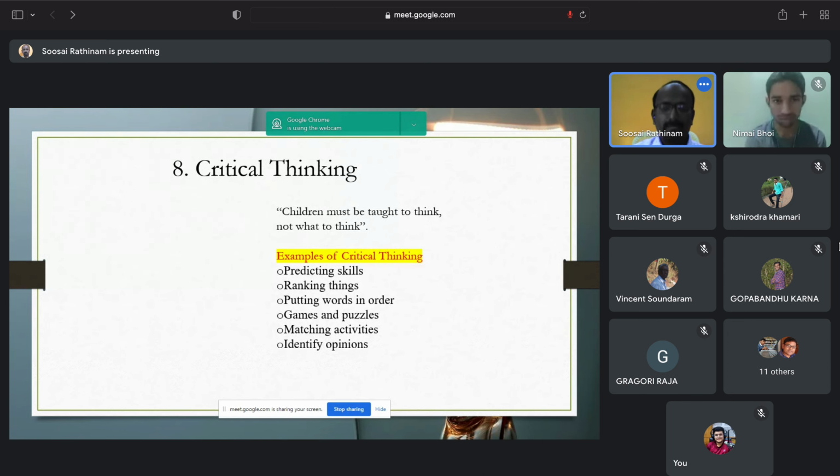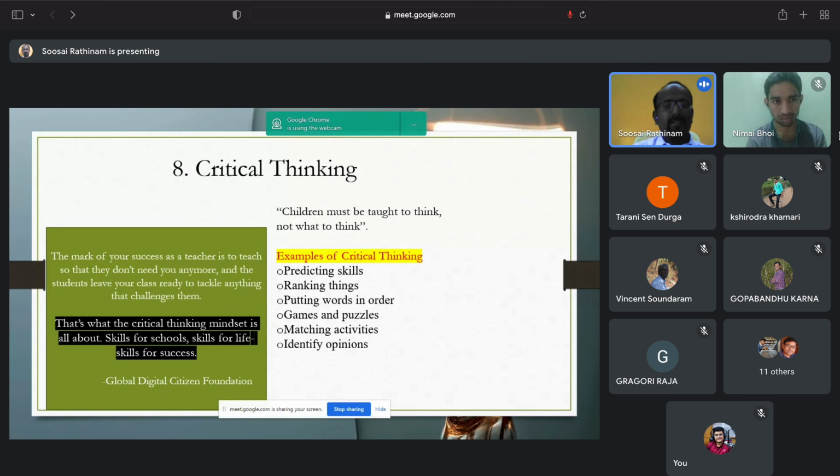Even though we follow these examples in our textbooks, like predicting skills, ranking things, putting words in order, games and puzzles, matching activities, and identifying opinions, it's also very important that, as the Global Digital Citizen Foundation says, the mark of your success as a teacher is to teach so that they don't need you anymore.